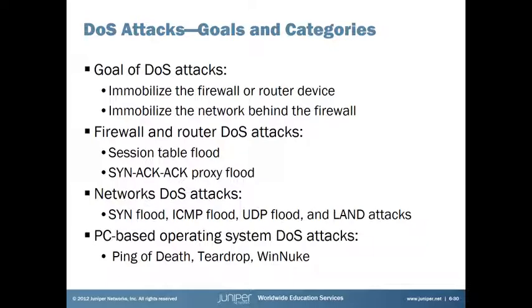With a firewall and router, there are session table floods, sync attack proxy floods and network attacks. There's a range of different things that can happen on a network itself. So one attack is against the firewall directly, the other attack is against the network behind the firewall. There's a range of different attacks there.